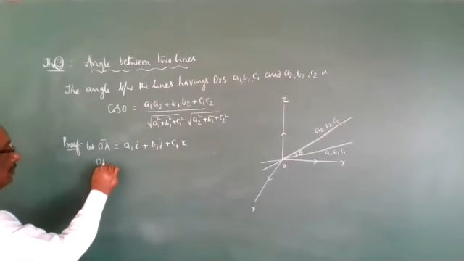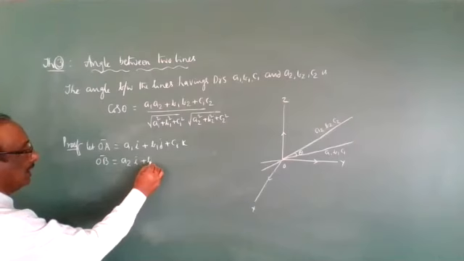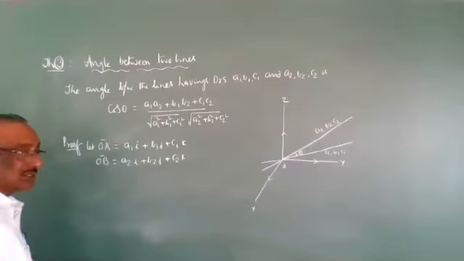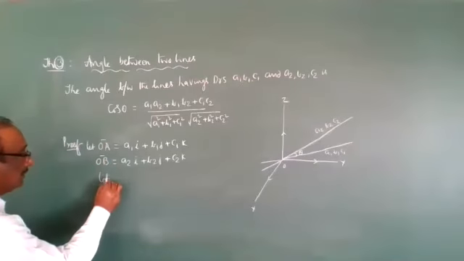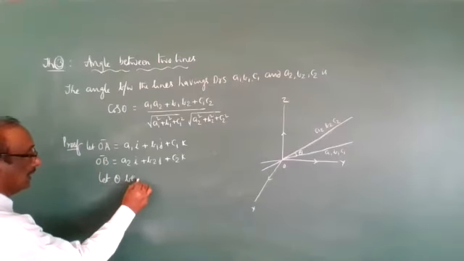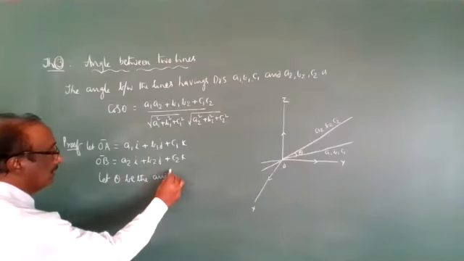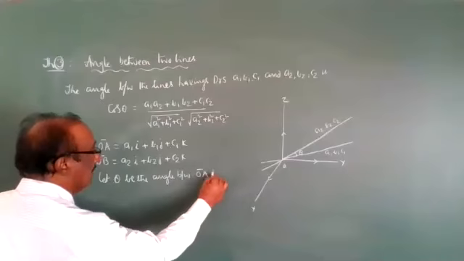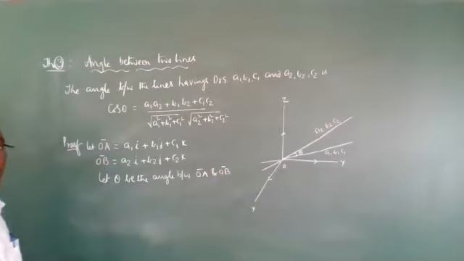Next, OB bar is equal to a2 i plus b2 j plus c2 k. Next, let theta be the angle between the two vectors OA bar and OB bar.